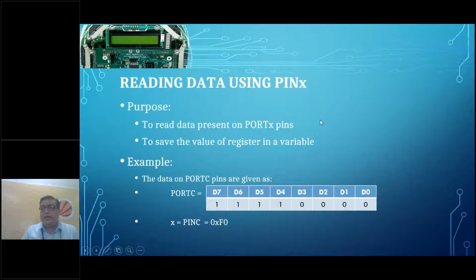So it reads the data from the port pins and then stores that value in a variable. One example is given: the data on port C pins is 1111 0000. The upper nibble is set for output and the lower nibble for input. So it reads the value of PINC as 0xF0.